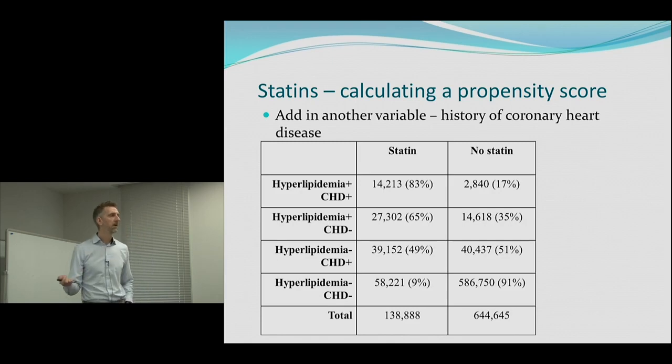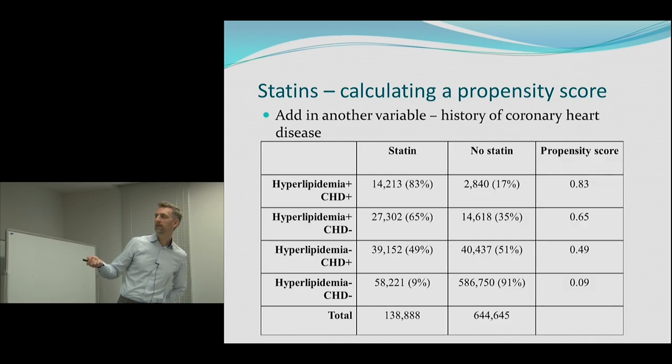Okay? So these are what the data look like, and the propensity score is then simply a read across from these strata of the proportion of people who are treated with a statin. So 83% of people in this group are treated with a statin.